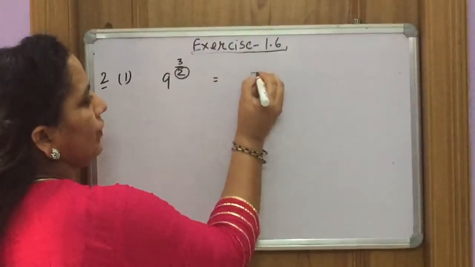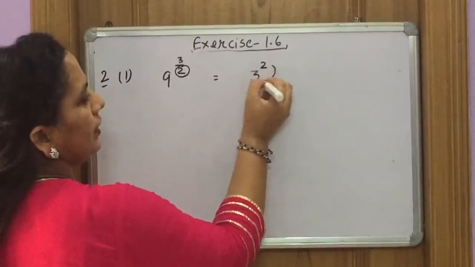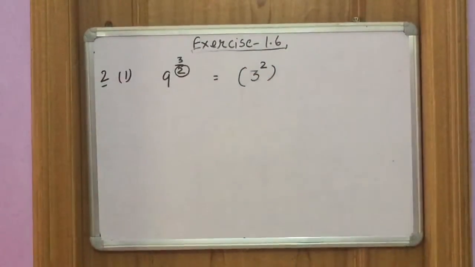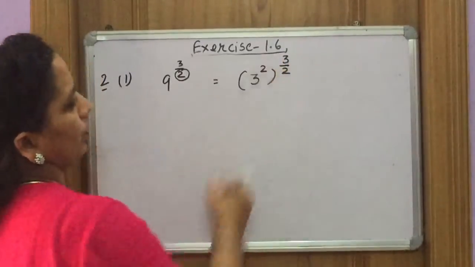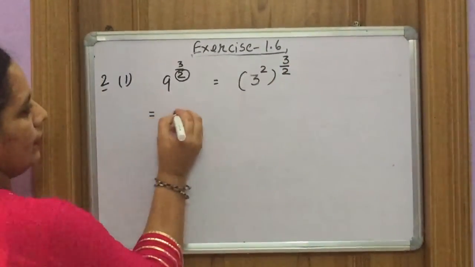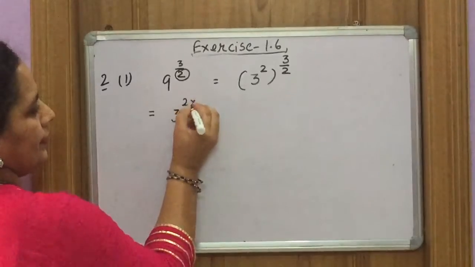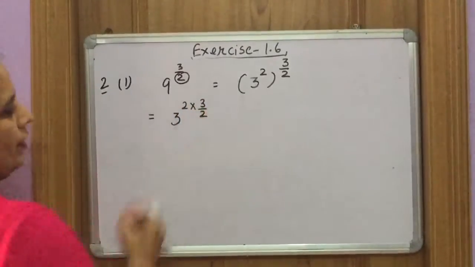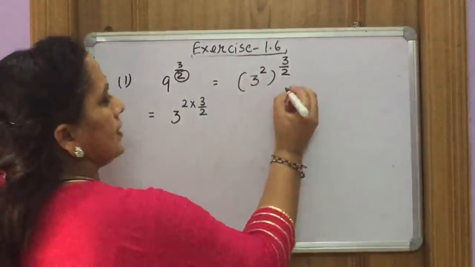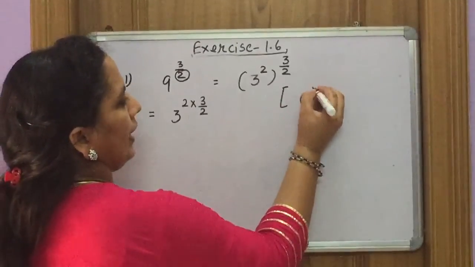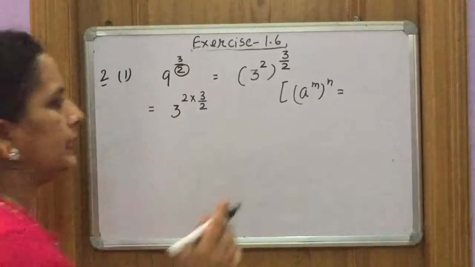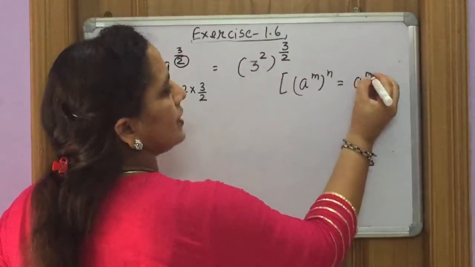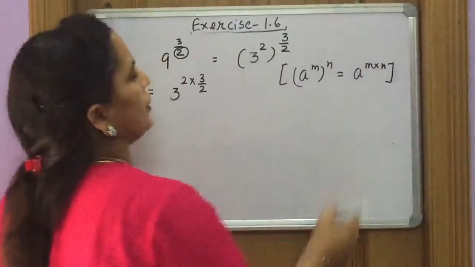So in the place of 9 we can write here 3 raised to power 2, and in the outside we have a power 3 by 2. In the next line we will write it like this, because this is law of exponent. If we have 2 power, then in between we have a sign of multiplication.